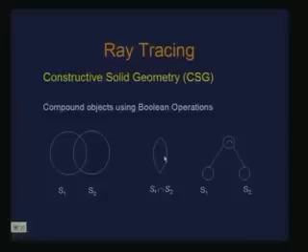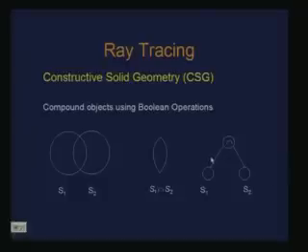As a representation, I can see this in the form of a tree, where the leaves are the surfaces, the primitives used for forming the compound object, and the node above is the operation which I am performing on these leaves.